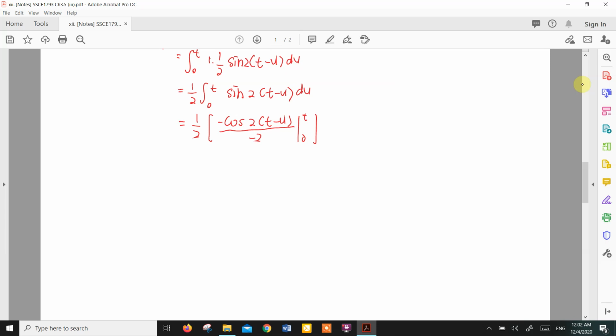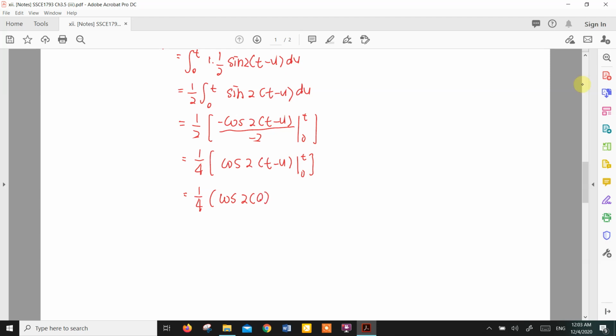So negative up here and negative down here is positive, so the 2 you take out, it will be 1 over 4, and then you are just left with cos 2(t-u) from 0 to t. Okay, 1 over 4. So for t, you substitute inside this u, you get cos of 2t minus t... actually 2(t-t) is equal to 0.